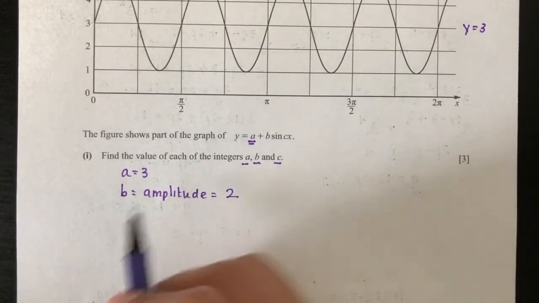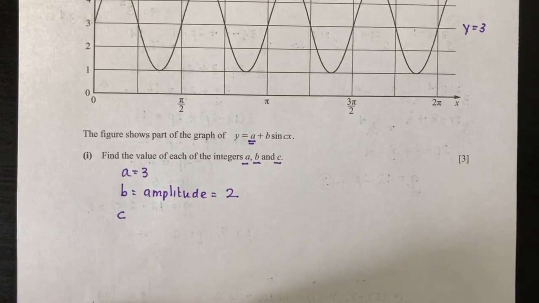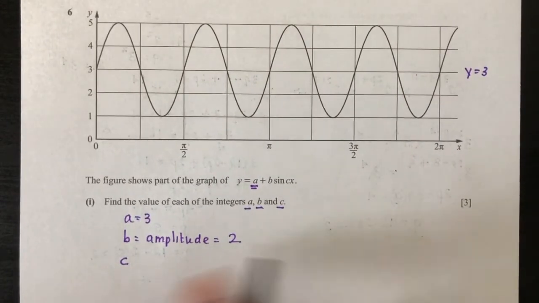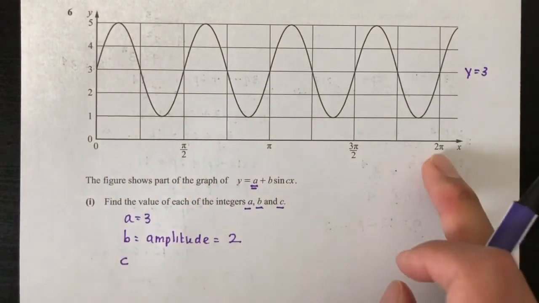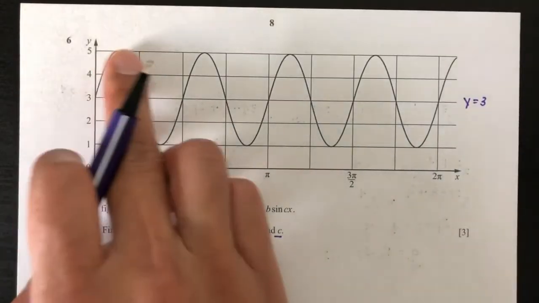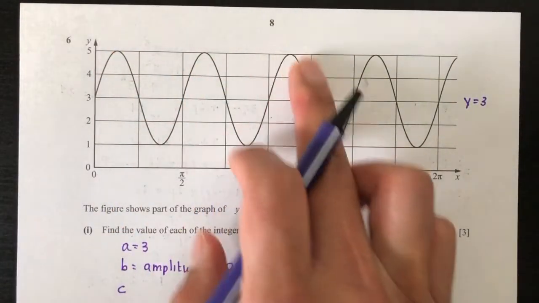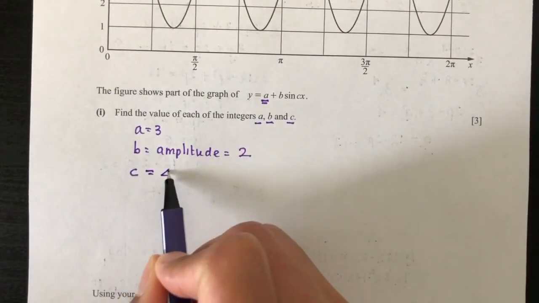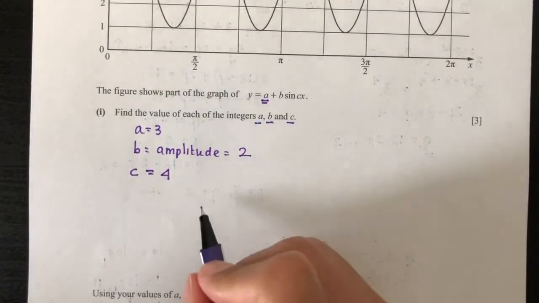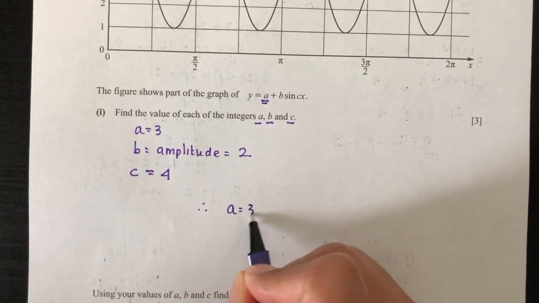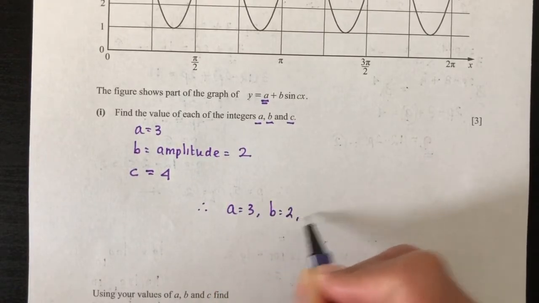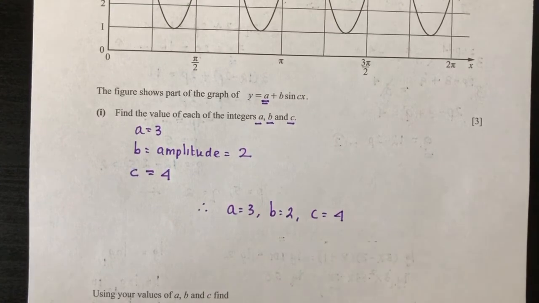Finally, c is the number of cycles in your interval. Here, from 0 to 2 pi, we have 1 cycle, 2, 3, and 4. So the value of c will be 4. So a is 3, b is 2, and c is equal to 4.